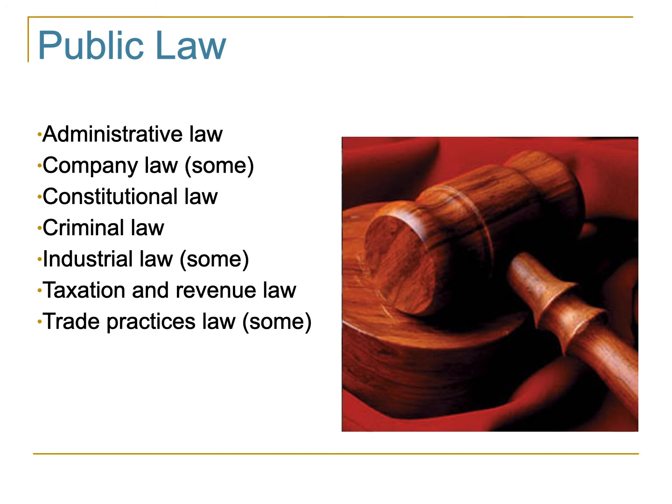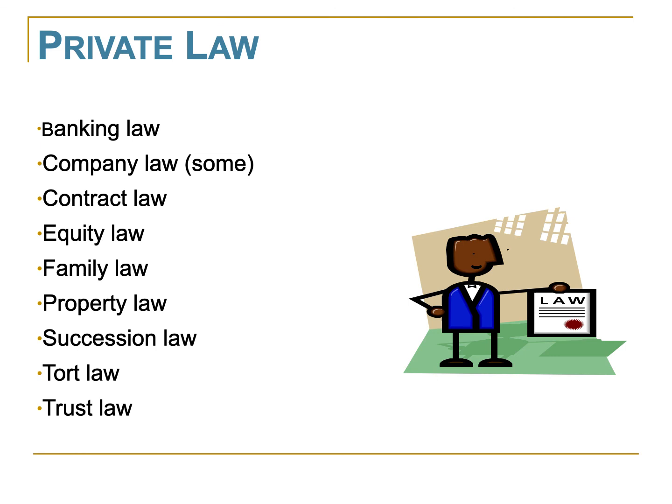Parliament also will delegate its lawmaking powers to other persons or bodies. Whereas private law is like banking or companies, contract, equality, equity, family, property, succession, torts, or trust. It's kind of like that individual.